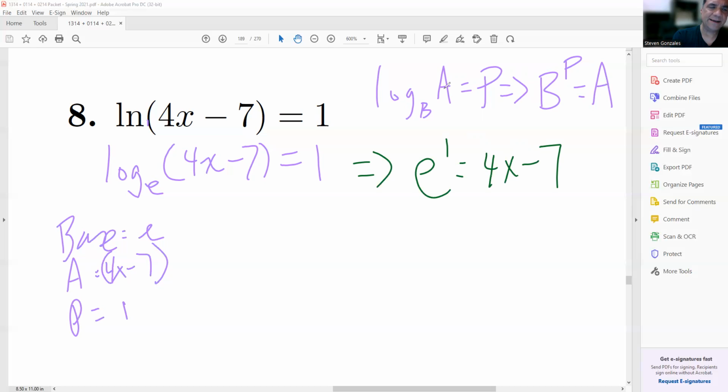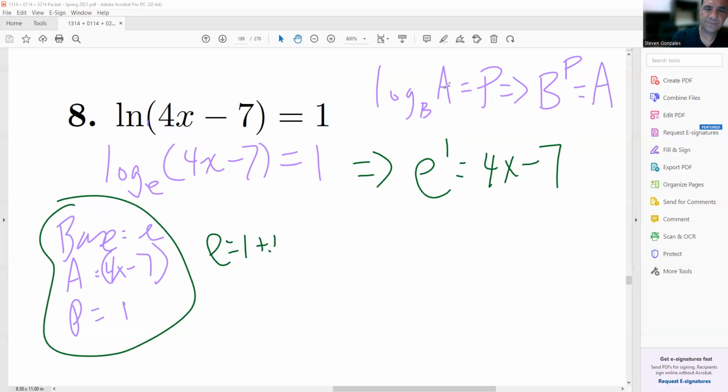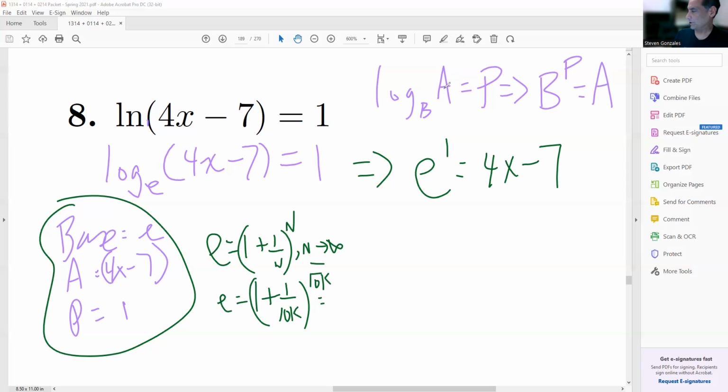You can also keep in mind that e is this other expression, and if you put in a big, huge number for n, because n is close to infinity, say 10,000, the calculator will tell me what 1 plus 1 over 10,000, raised to the 10,000, comes to.